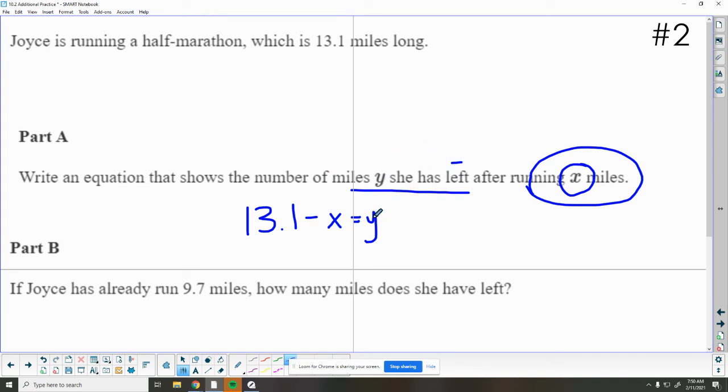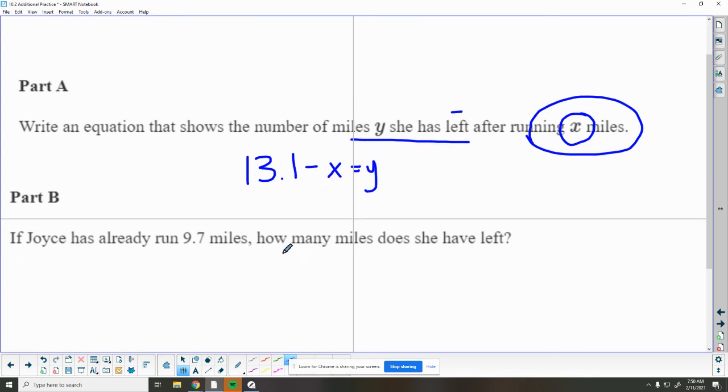Y depends on how much she's already run. If she's only run 3 miles, she still has a lot left to go. But if she's run 10 miles, then she only has a little bit left to go. So y depends on x. We want y to be that answer to show this depends on what happens in this problem. Now we know she has run 9.7.